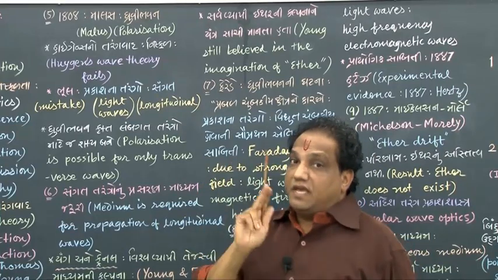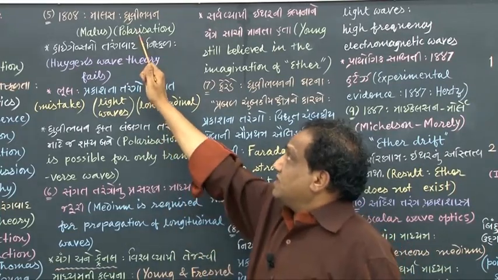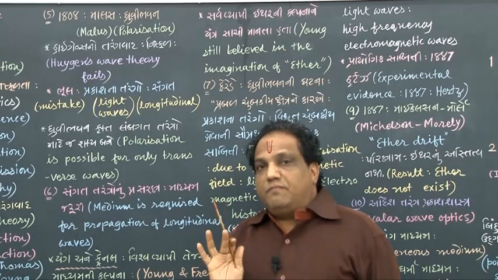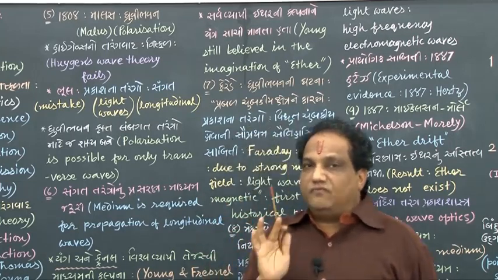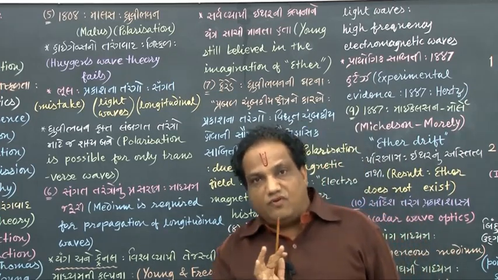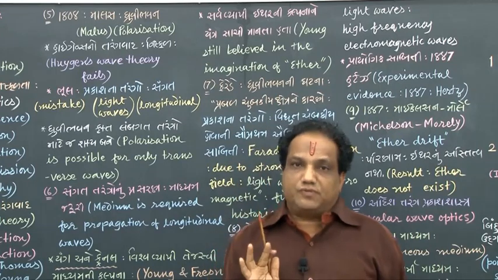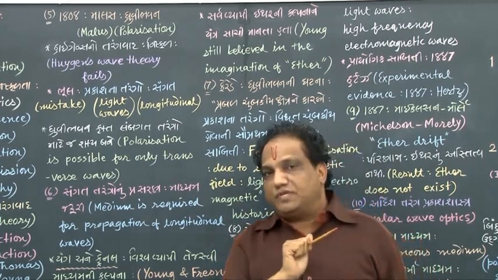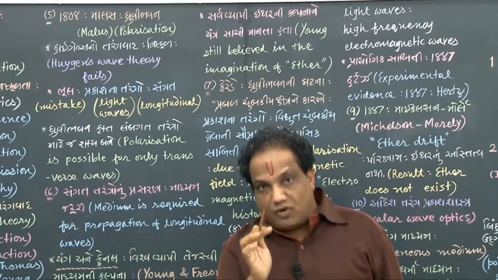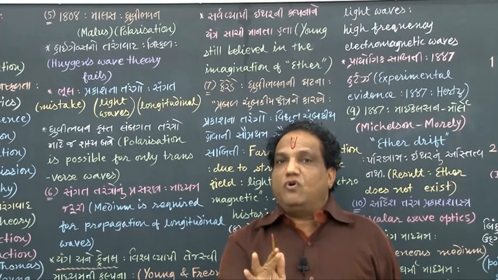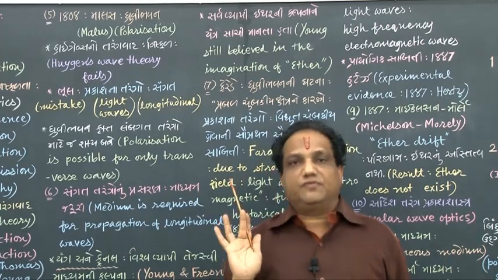Now, using Huygens theory, this polarization cannot be explained. Why? Because Mr. Huygens was believing that light energy propagates in the form of longitudinal waves. But polarization is such a phenomenon which is possible only for transverse waves.